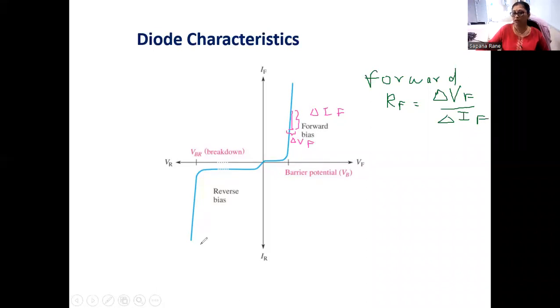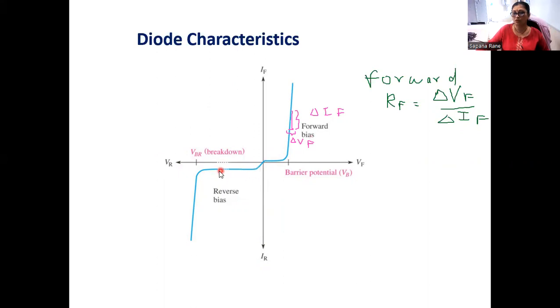Now, if you observe the reverse characteristic, which is present in the third quadrant of the graph, you can observe it is a plot of reverse current versus reverse voltage. During reverse bias condition, generally a very small amount of current flows through the diode, which is called the reverse saturation current.